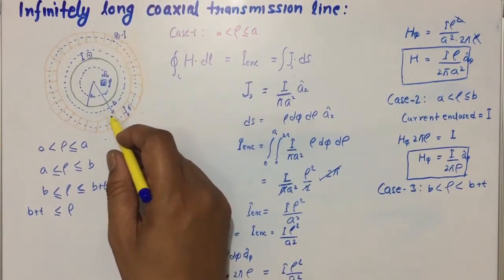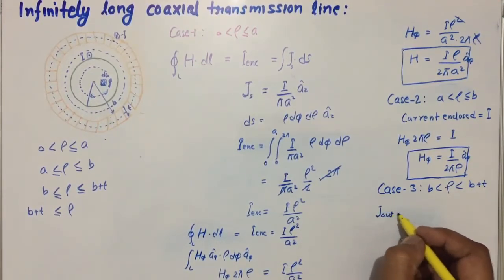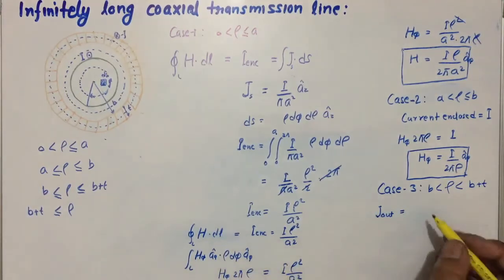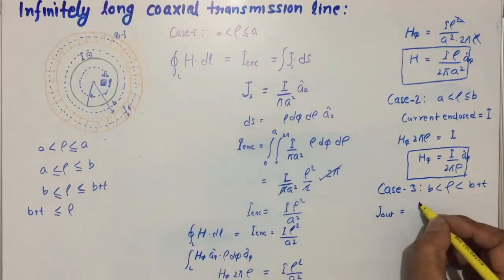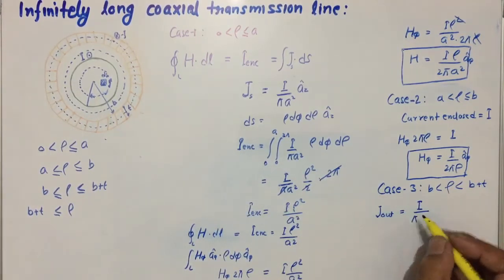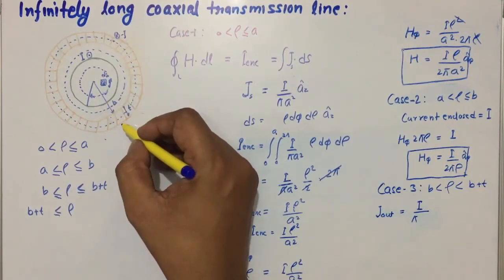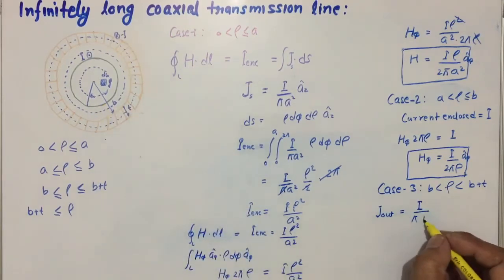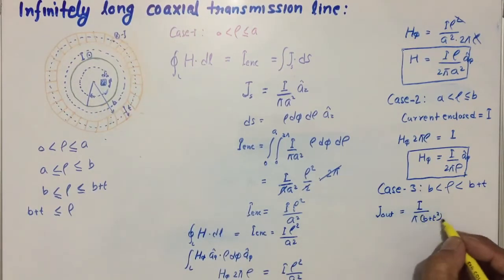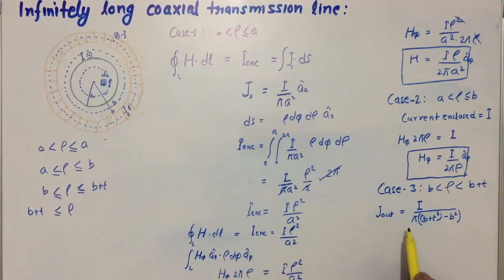Current density for the outer conductor can be written as, considered as J out for a more specific way, J out can be written as the current from the outer conductor divided by the cross-sectional area of the outer conductor. So the total thickness is B plus T minus B. So we can say pi times B plus T squared minus B squared. In this way we can find the current density of the outer conductor.